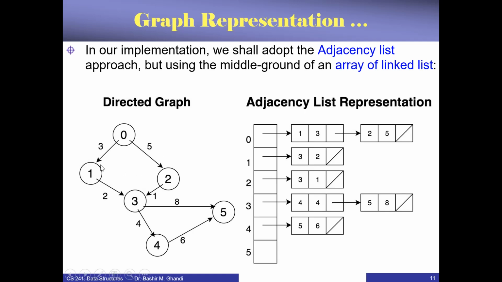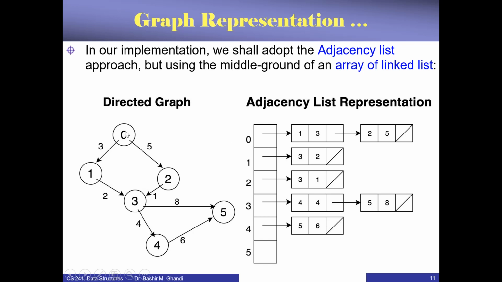For this graph, we're going to have an array, 1D array, not 2D array. But the content of that array is going to be linked list. So the linked list will contain the edges that connect to that vertex.